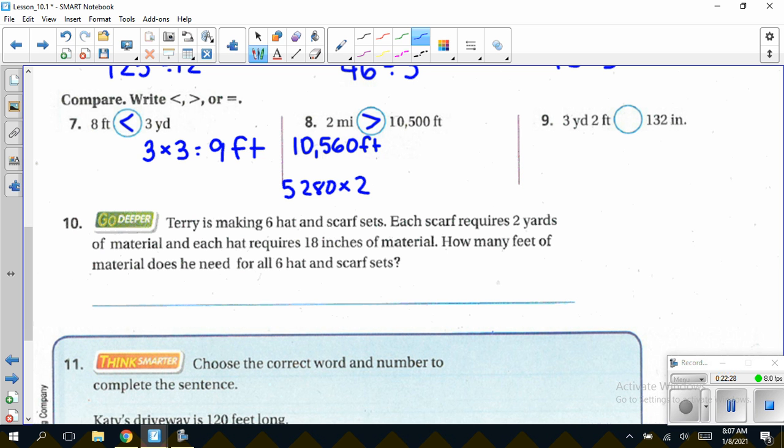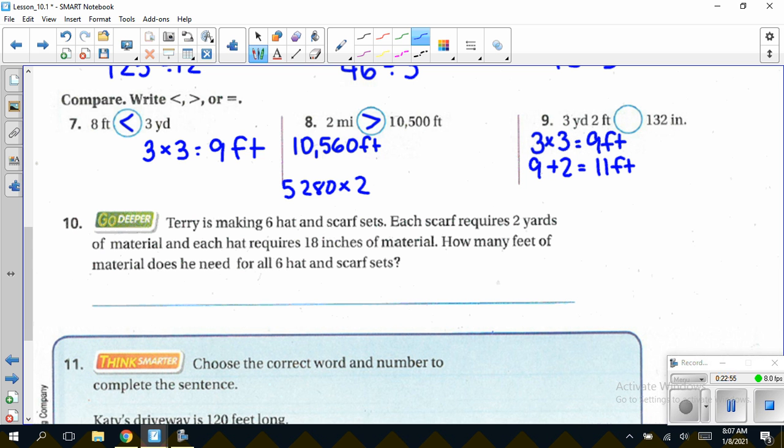So I am going to change the 3 yards and 2 feet all into feet first. So 3 times 3, because there are 3 feet in 1 yard, gives me 9 feet, plus the 2 additional feet would give me a total of 11 feet.